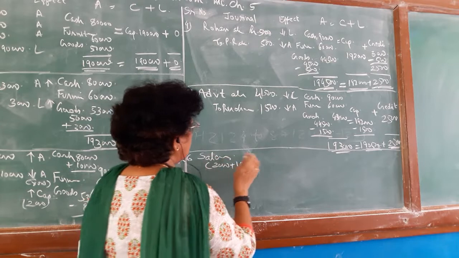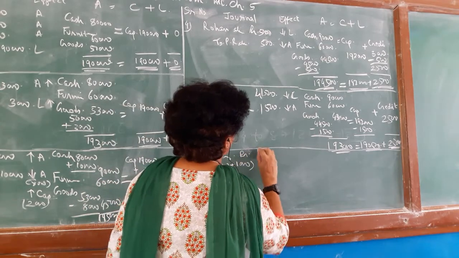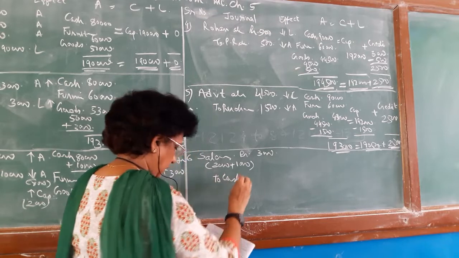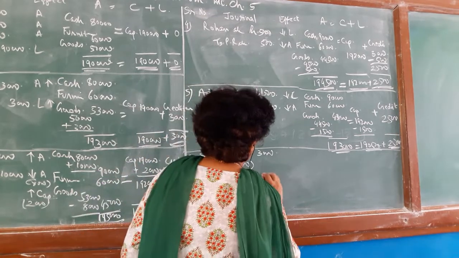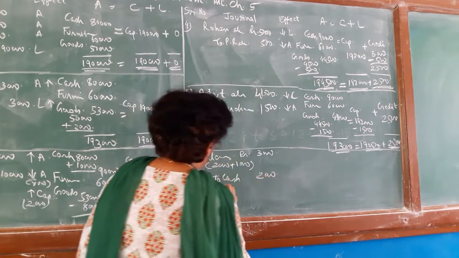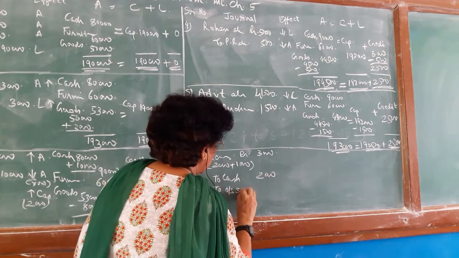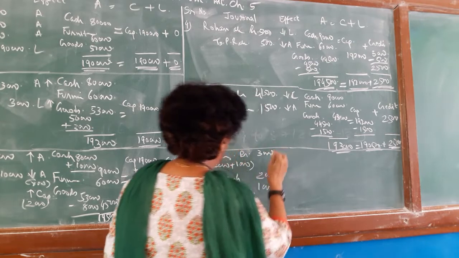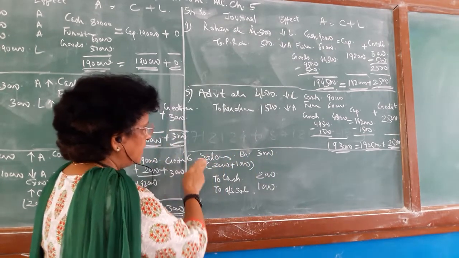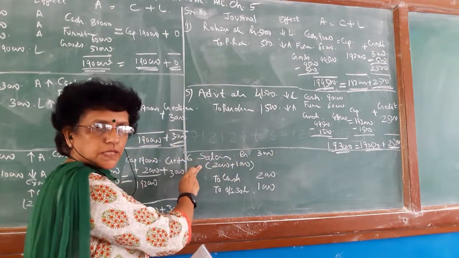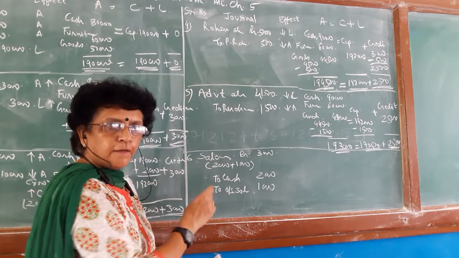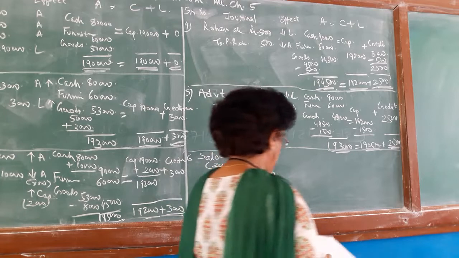So total salary account debit we are going to do 3,000, to cash, that goes out of the business, 2,000, to outstanding salary, rupees 1,000. So there are three effects: the total amount of salary, cash goes out, and outstanding.